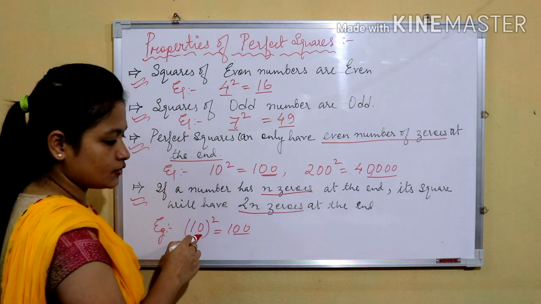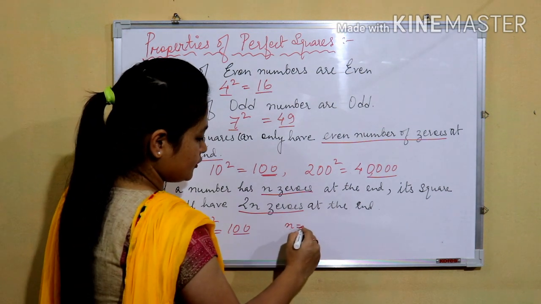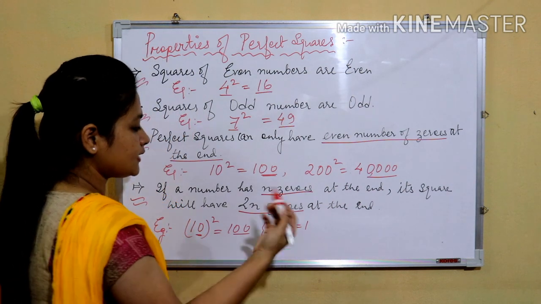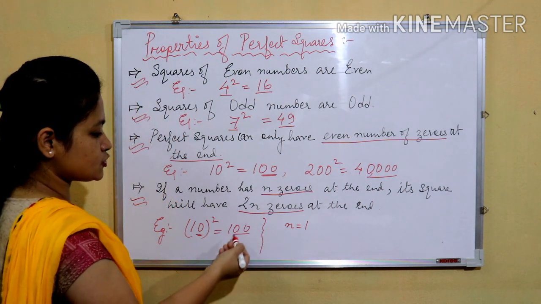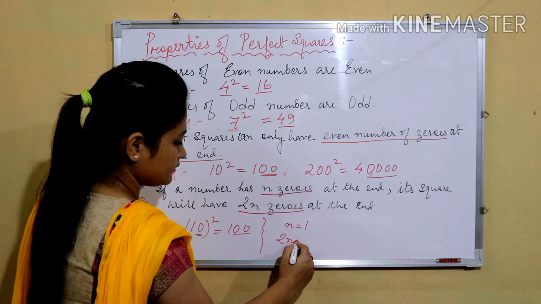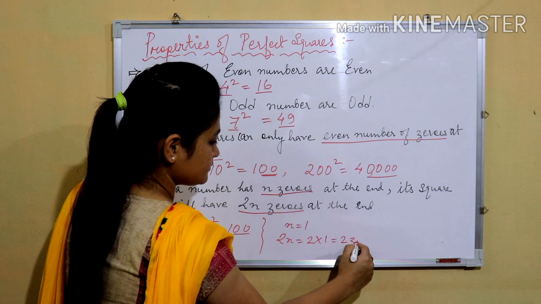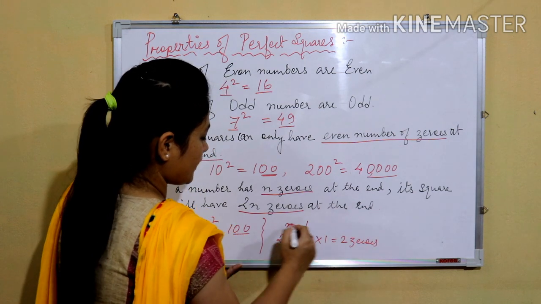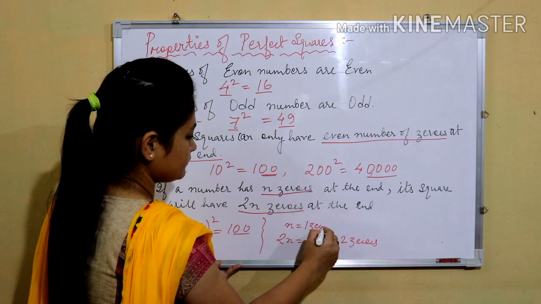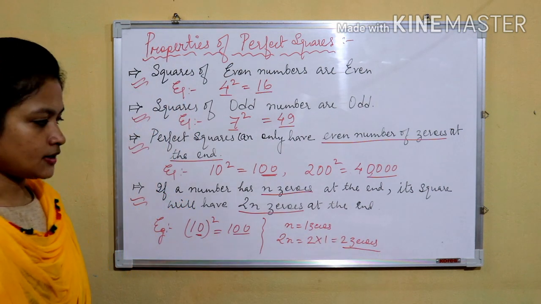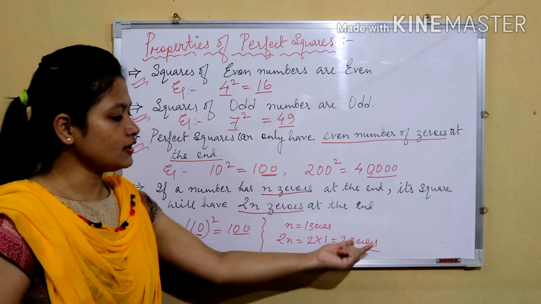There is only one zero here, so n equals 1. What will be the number of zeros in the square? 2n, 2 into 1, that means 2 zeros. If the number has 1 zero, the square of the number will have 2 zeros.